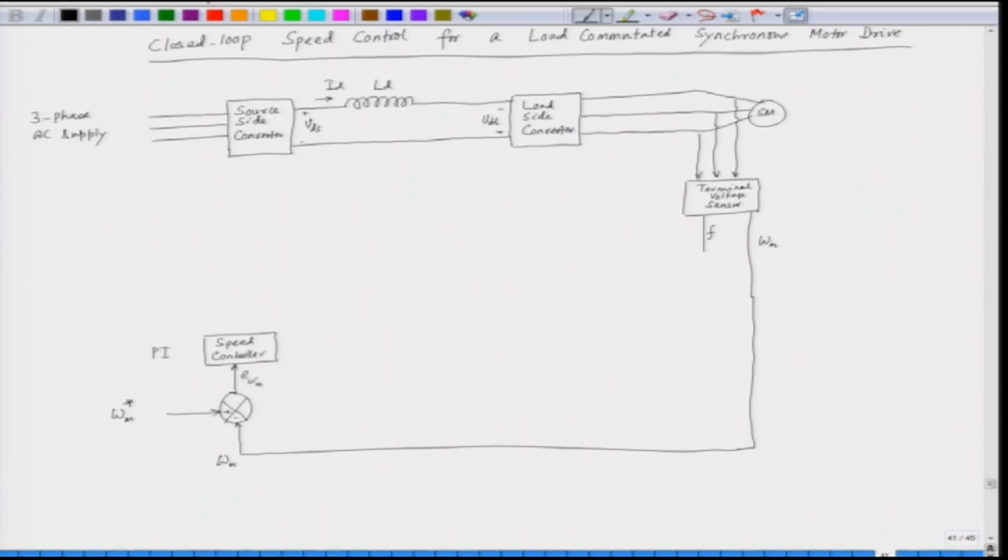The output of the controller goes to a current limiter, which limits the value of the output current to a safe value, and this output is ID star, the reference. The ID reference is compared with the actual value of ID. We have a current sensor, the actual value of ID is sensed here, and then we have a current controller.